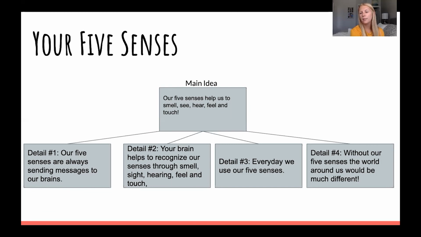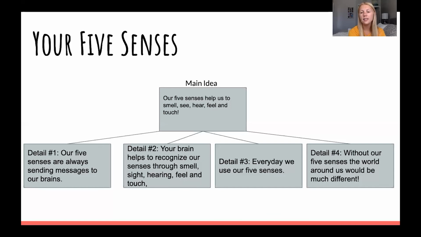In detail 4, without our five senses, the world around us would be much different. So all of these key details together help us to locate our main idea. Our main idea being our five senses help us to smell, see, hear, feel, and touch.